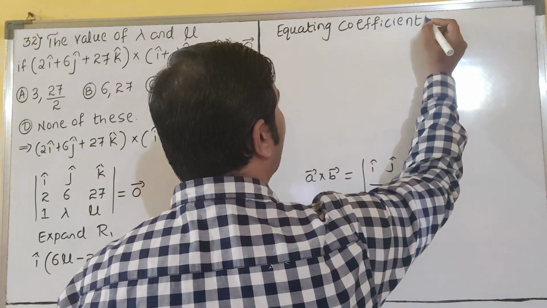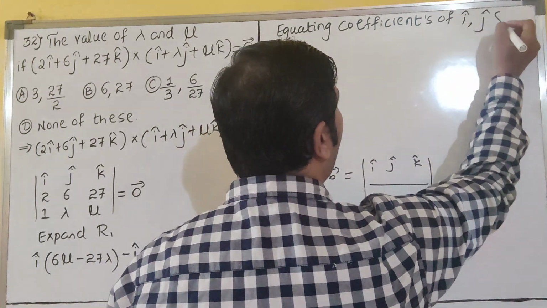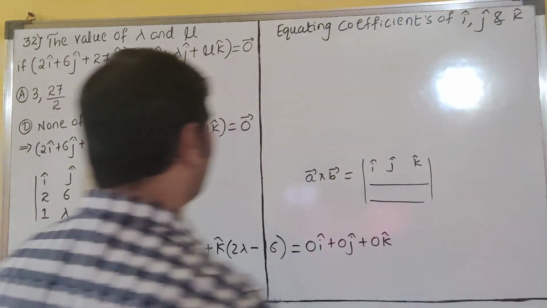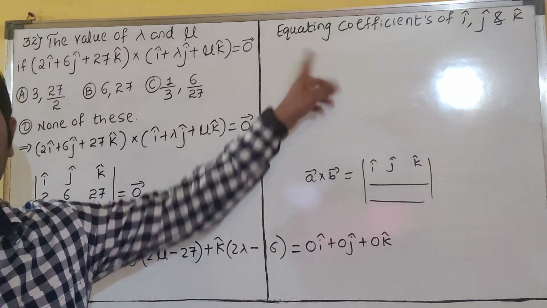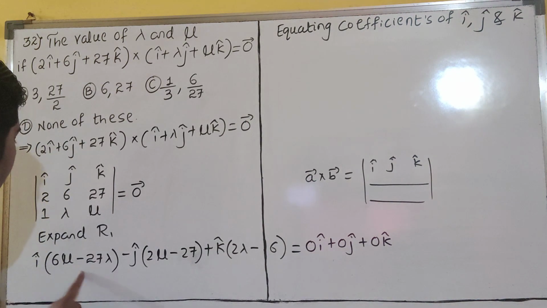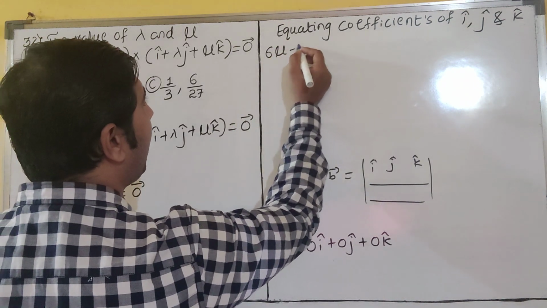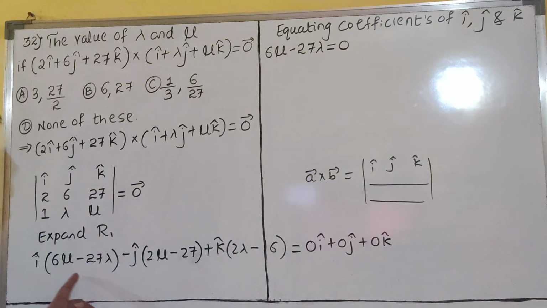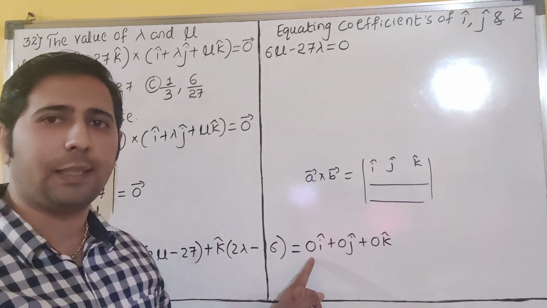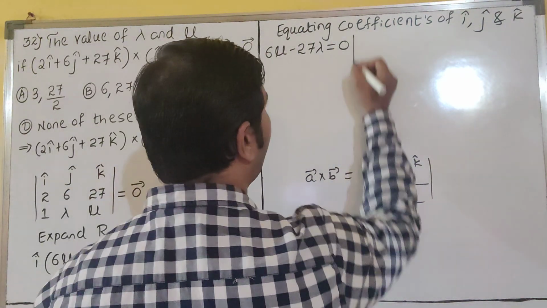Equating coefficients of i cap, j cap and k cap, dear students. So i cap, what is i cap? Equating means making equal. The i cap coefficient is what here? This is 6μ minus 27λ is equal to 0, dear students. We have made i cap equal, and now j cap. What is j cap?